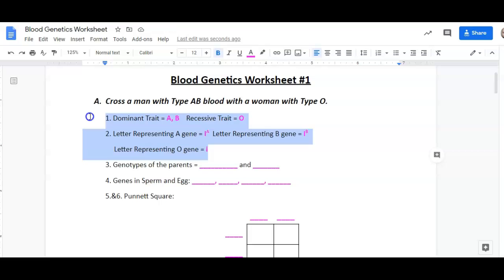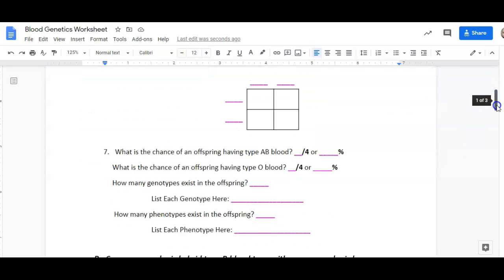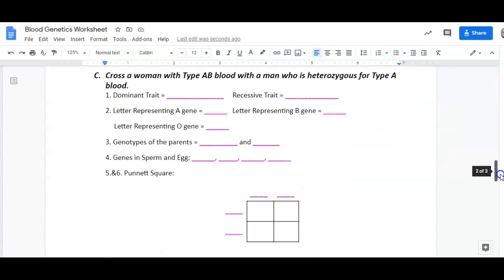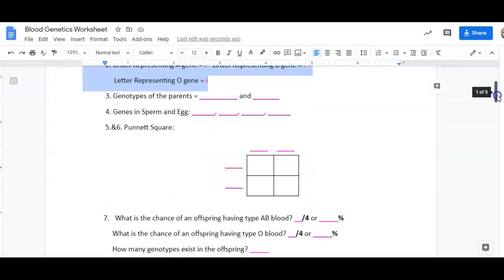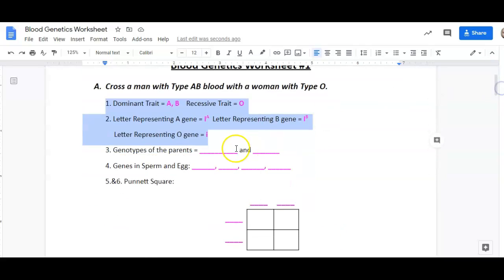Now, whenever you do a blood type, all of these top two things are going to be the same, okay? So when you go down here to letter B or letter C, all of those are going to be the same. So now we have to figure out what the parent genotypes are. So the man has AB blood, so he's going to have an A gene and a B gene.